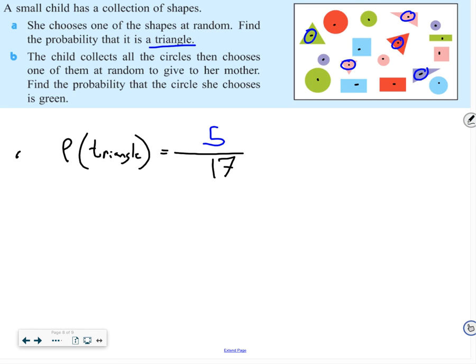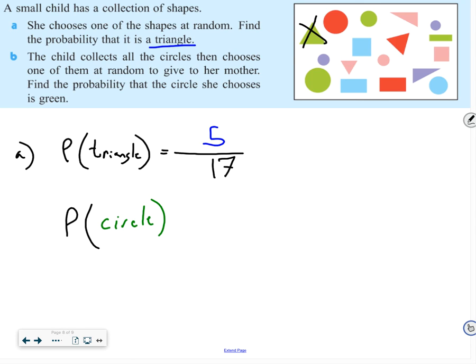Okay, so in B, the child collects all the circles, then chooses one of them at random to give to her mother. So find the probability. Well, now the probability is a circle, but I'm given some information. So it's a circle, but only from my circles. So, I'm sorry, it's a circle, and I want to know if that circle is green. When I look at these, no longer are these other shapes in my sample space.